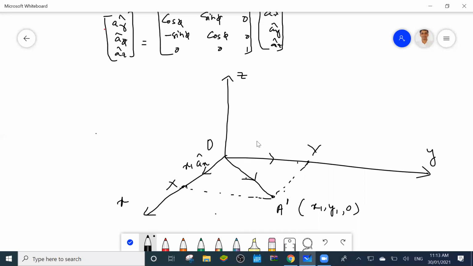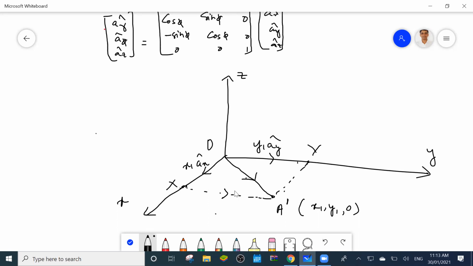Similarly, this vector I can write, what is this one? y1 ay cap. Since this vector is in this direction, I assume this vector and these two vectors are parallel and same length, so I can write this one also as y1 ay.